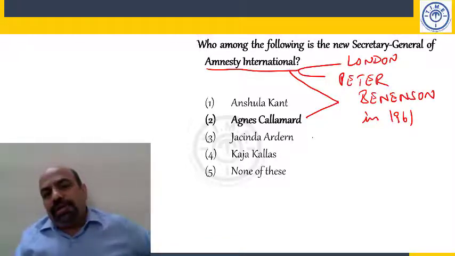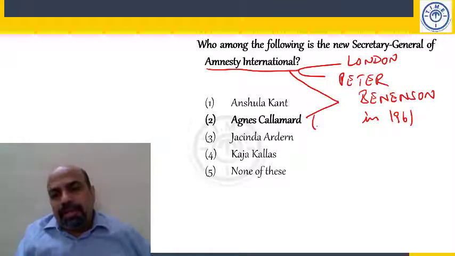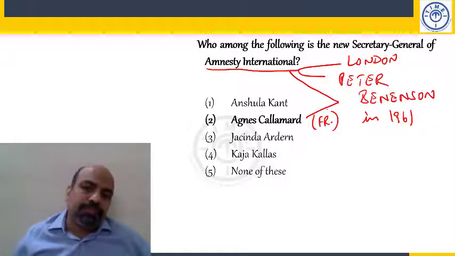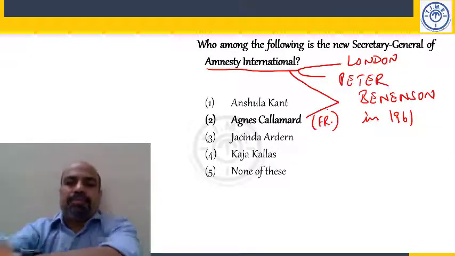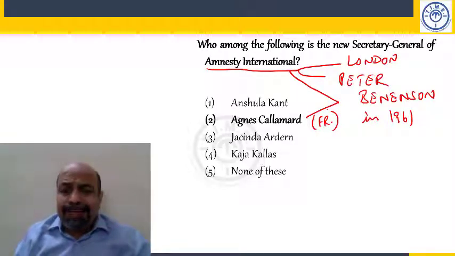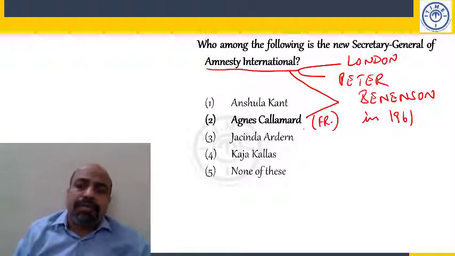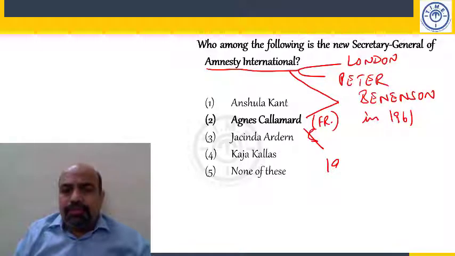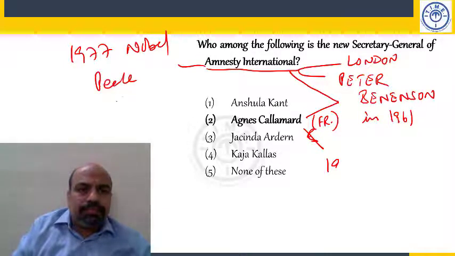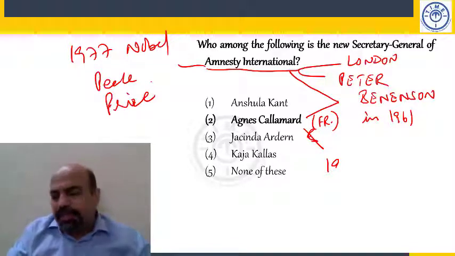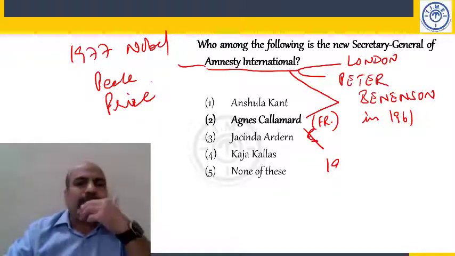Current Secretary General, you write, Agnes Callamard of France. I'll take a couple of more questions after this. And you could write, sorry, not this one, Amnesty. 1977 Nobel Peace Prize. You don't have to write winner of, simply 1977 Nobel Peace Prize. Okay, yeah.